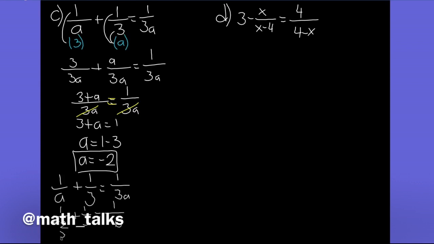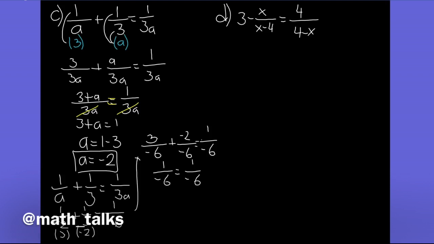Here you have to multiply by 3, and here by negative 2, and it will be 3 over negative 6, negative 2 multiplied by 1, negative 2, over negative 6. Now your denominators are the same, and the other side is 1 over negative 6. 3 minus 2 is 1 over negative 6, 1 over negative 6.